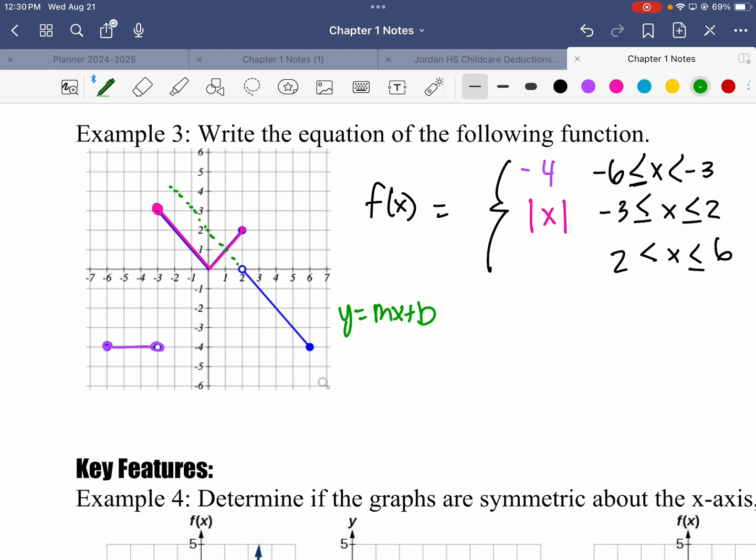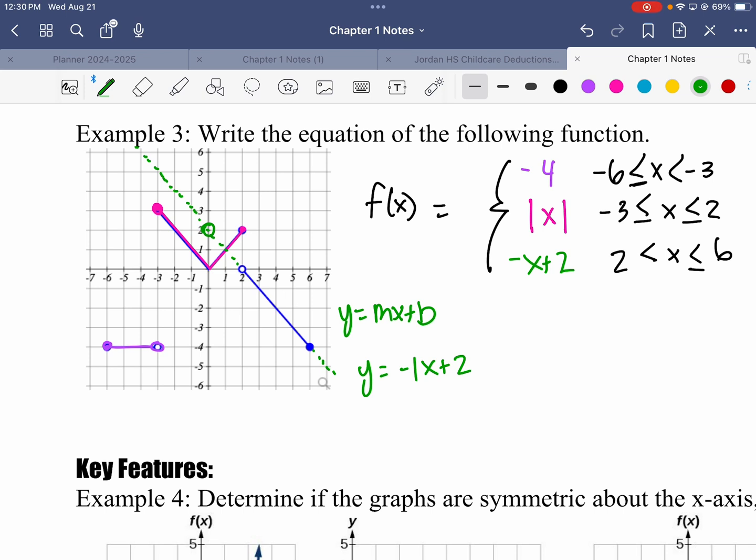If it keeps going, where would it cross? So what's our b? And what's our slope? -1. Good. Ta-da!